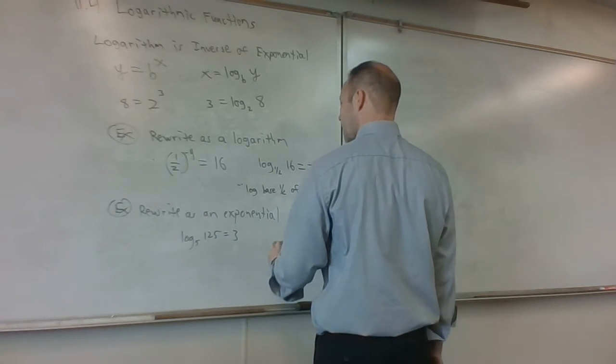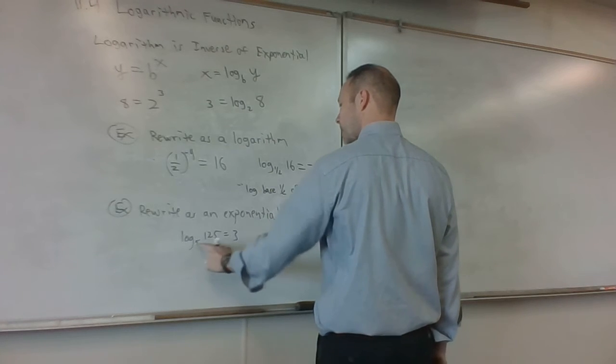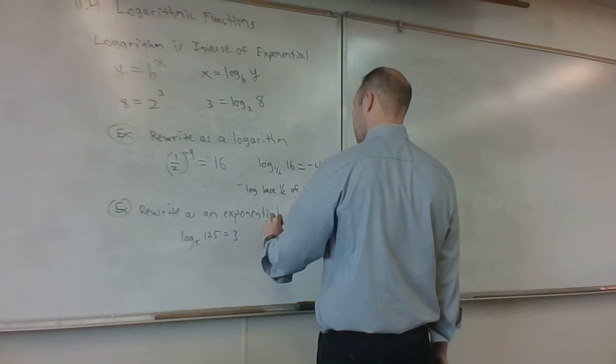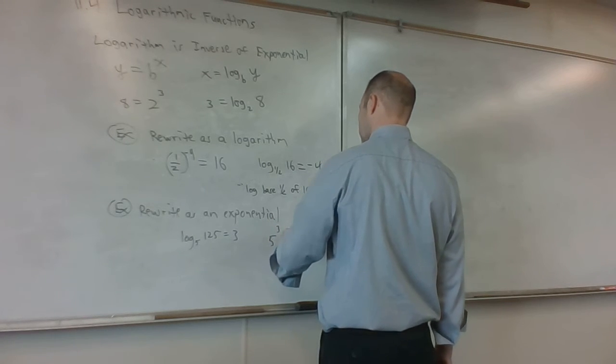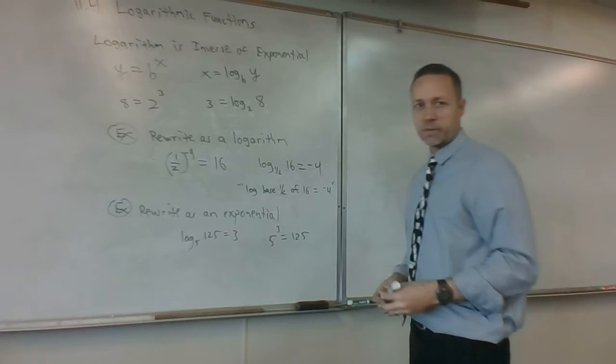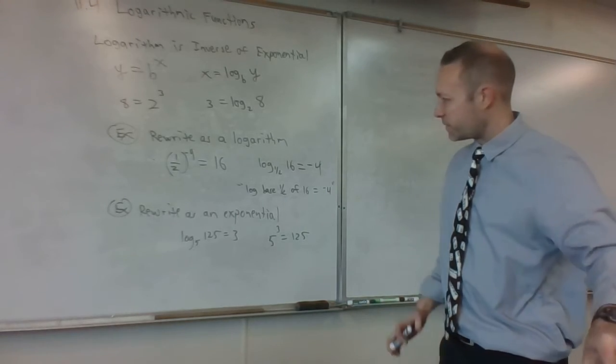Right? How would this rewrite as an exponential? Well, my base is 5. What the log equals is the exponent, so 5 cubed equals 125. This would be the exponential expression of this logarithm. Right? Hopefully that makes sense.